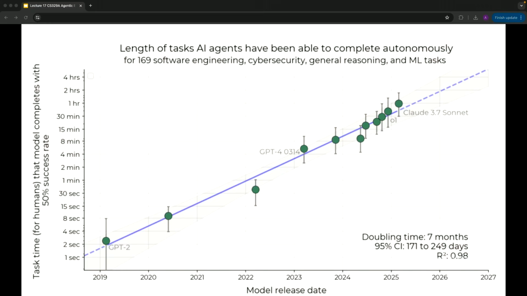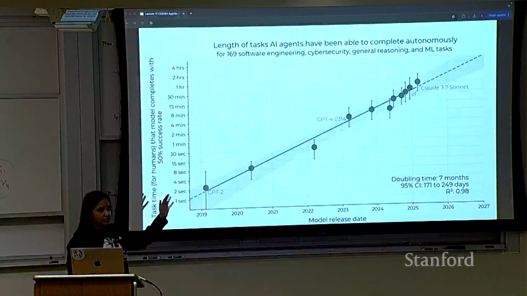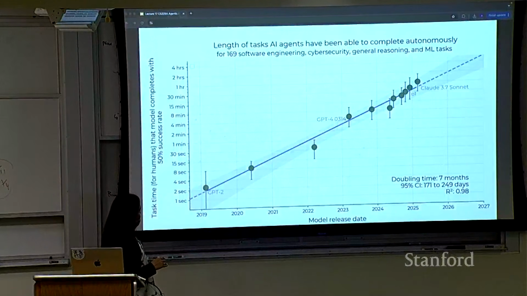In 2019, when GPT-2 came out, only 2 seconds; closer to GPT-4, which is 2023, you're starting to see a few minutes. And when we have Claude 3.7 Sonnet and O1, at that point, you're starting to see a few hours. Note that this is almost a doubling, every 7 months.